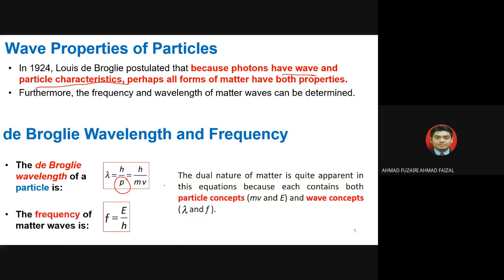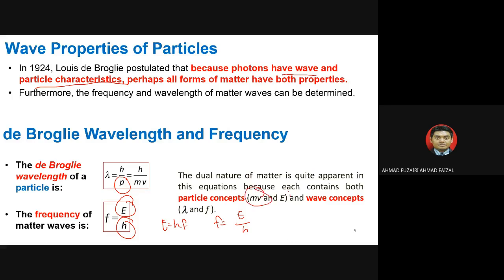And the frequency is given using the energy against Planck's constant, E equals hf, so f equals E over h. The dual nature of matter is quite apparent in these equations because each contains both particle and wave concepts.